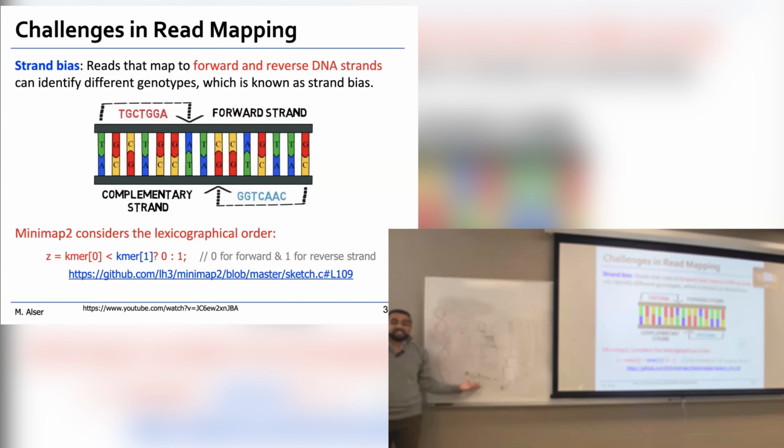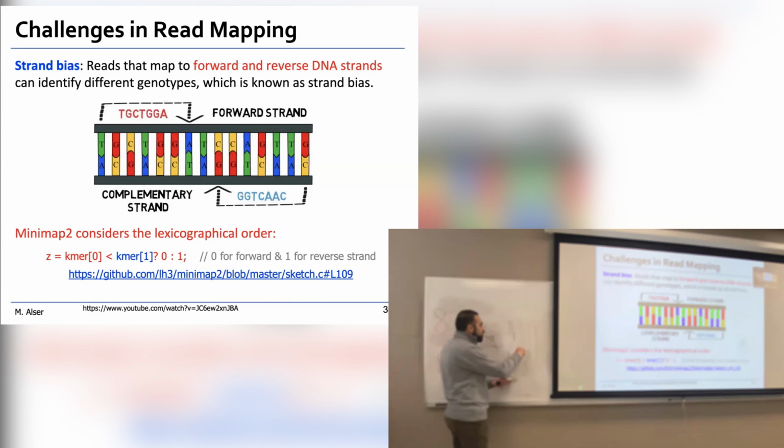But the sequencing machine doesn't tell us where this is coming from. Is it from here? Is it from there? Although most of the time it's really similar. If we want to get the other strand, we just reverse complement, so I don't need to know where it's coming from. But the problem is, if I have a read over here and then try to map it to here, it won't fit.